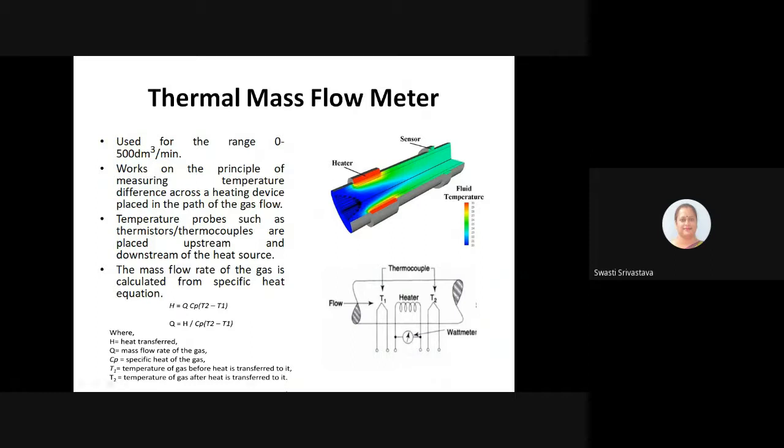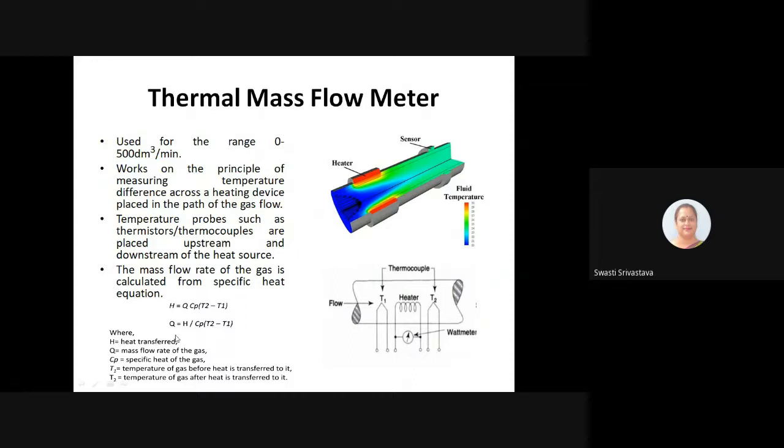The mass flow rate of the gas is calculated from the specific heat equation, that is H = Q Cp (T2 − T1), where you can also replace T2 − T1 by delta T. In terms of mass flow rate, Q = H / (Cp (T2 − T1)).